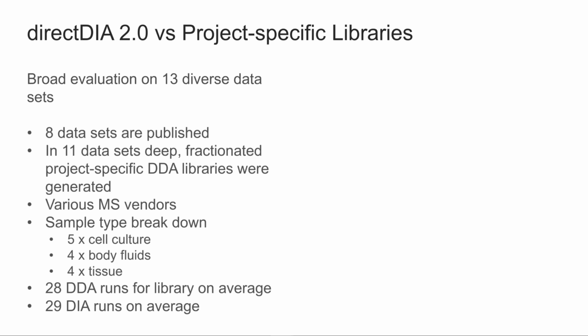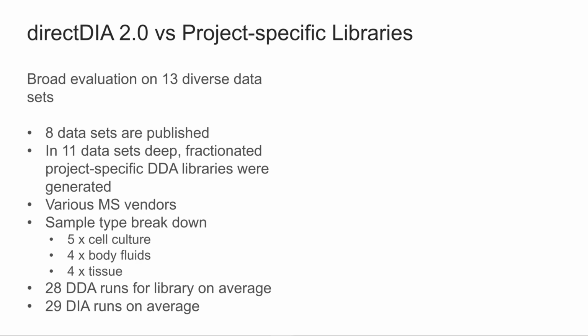For 11 of these datasets, a deep fractionation was performed to generate project-specific libraries. And the data was acquired on various MS vendor platforms. Various samples were involved in the studies, and almost 30 runs were used to build the libraries, and around 30 DIA runs comprised the study in the end.